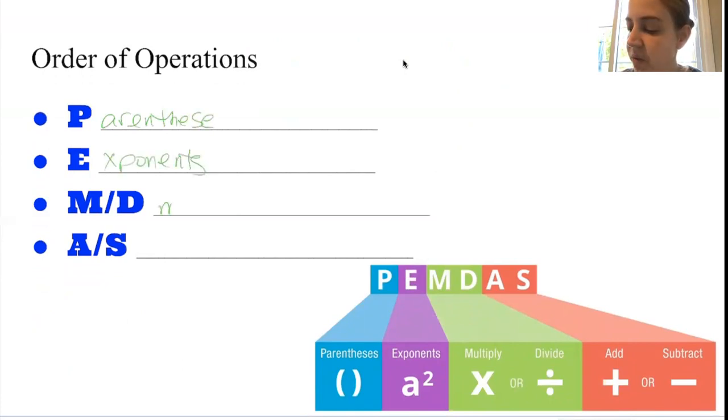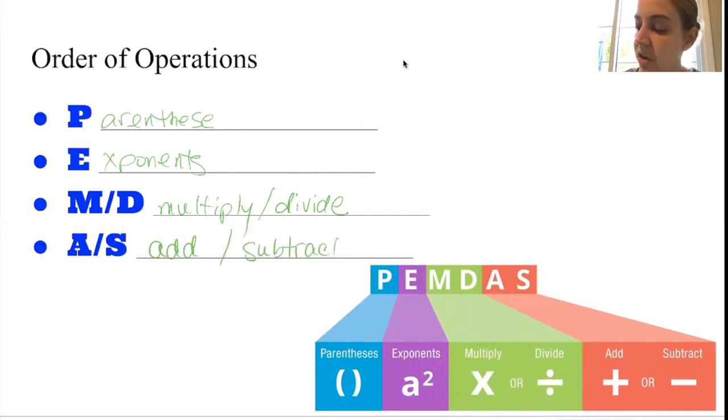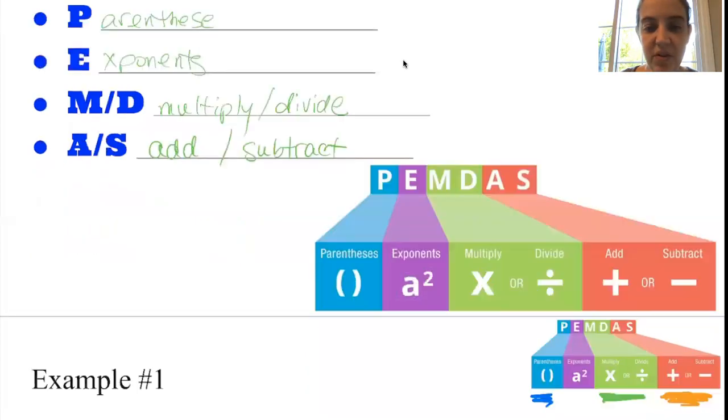M and D is for multiply and divide, and the reason why they're both green down below is because they happen at the same time. They go from left to right. And A is for add or addition and subtraction. Again, those are on the same line because they happen left to right. This graphic below is pretty nice. It's just a reminder as to which one comes first.